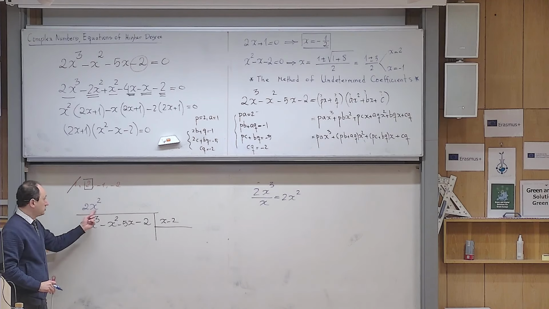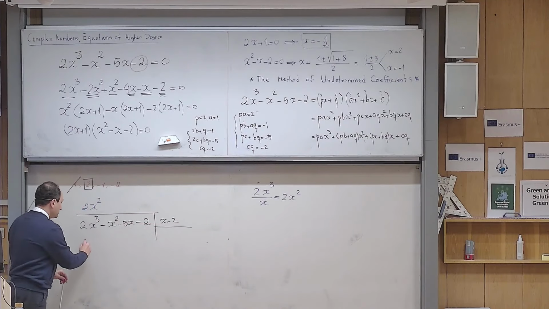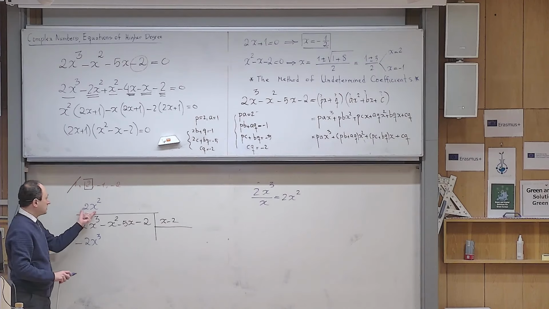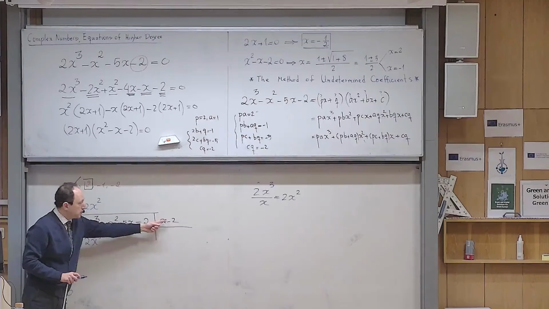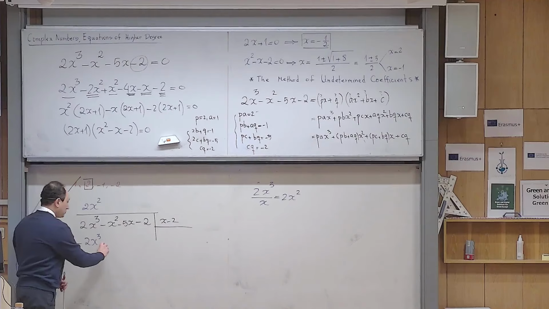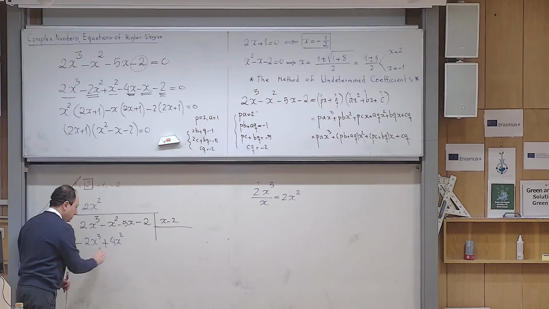So you take 2x squared, multiply it by x, it becomes 2x cubed, you write it here, but this is positive, so you make it negative yourself. You take 2x squared, multiply it by minus 2, it becomes minus 4x squared. You have to write minus 4x squared here with the opposite sign, so you make it plus yourself.